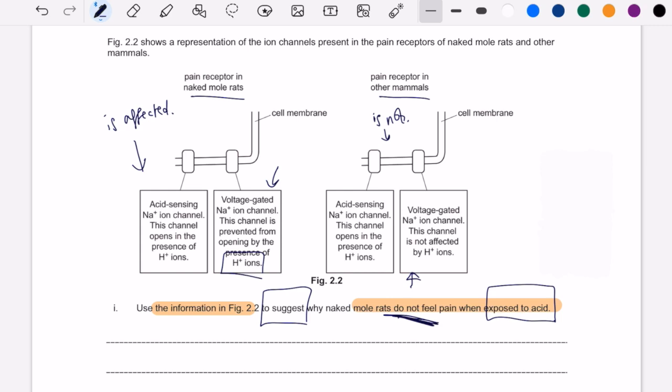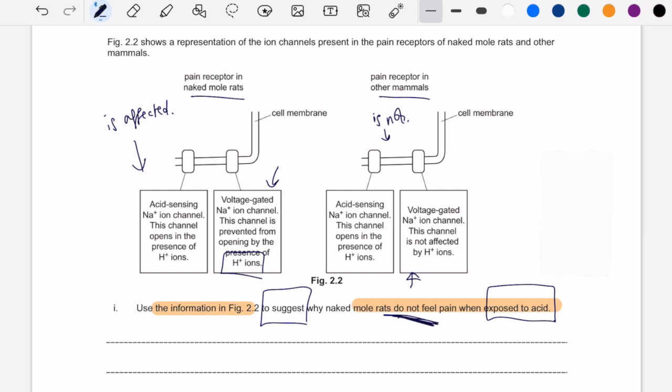Or, I guess you can say fewer voltage gated sodium ion channels opening, because if there are H plus ions, then it will close, right? And then if there are fewer voltage gated sodium ion channels open, then wouldn't that mean that there'll be less depolarization because there's fewer sodium ions moving in? So then, if that's the case, then there won't be an action potential.